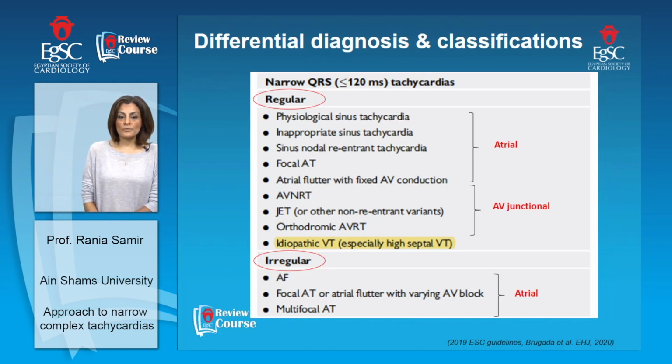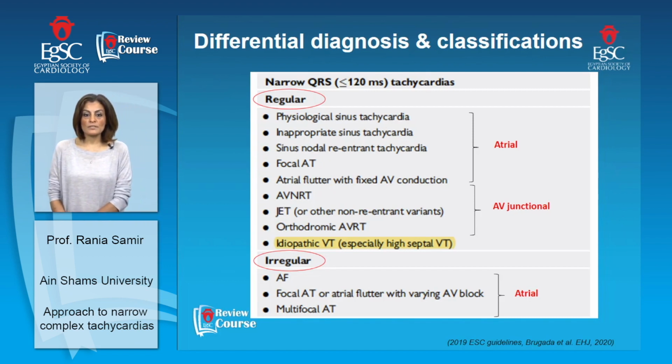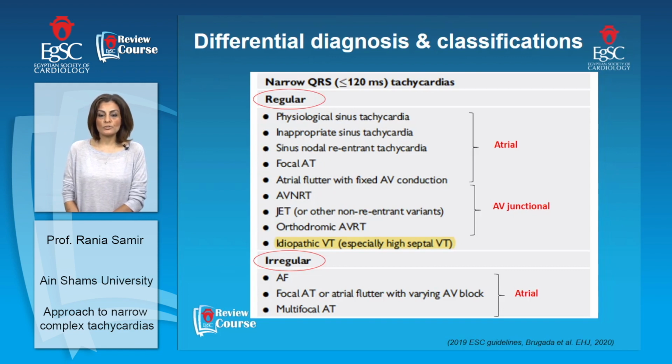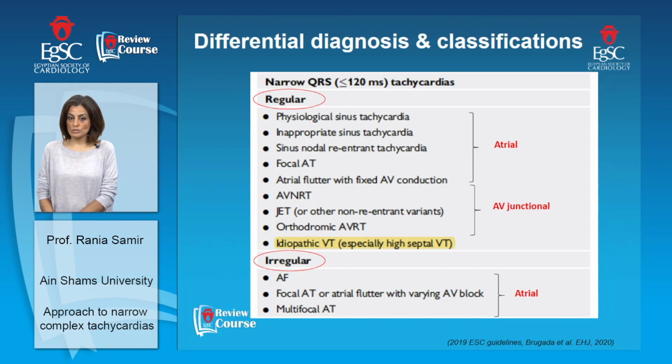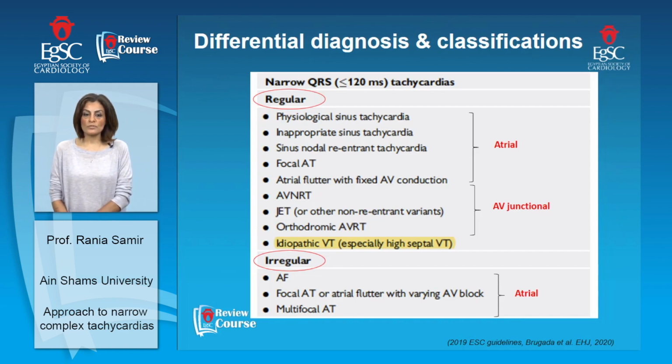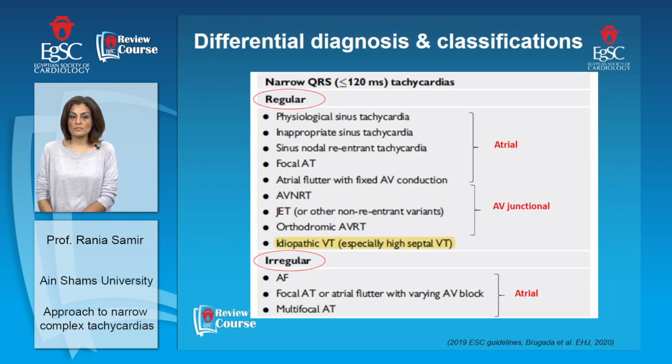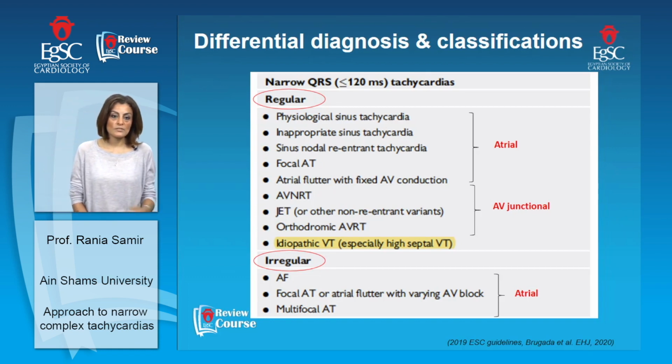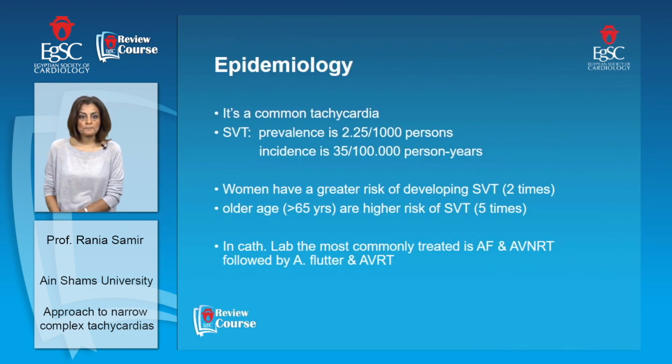The irregular narrow complex tachycardias are all atrial, most commonly atrial fibrillation, focal and multifocal atrial tachycardia, or atrial flutter with variable AV conduction. For the sake of time, we're not going to discuss idiopathic ventricular tachycardia or atrial fibrillation during this lecture because they will be discussed in detail in other lectures.